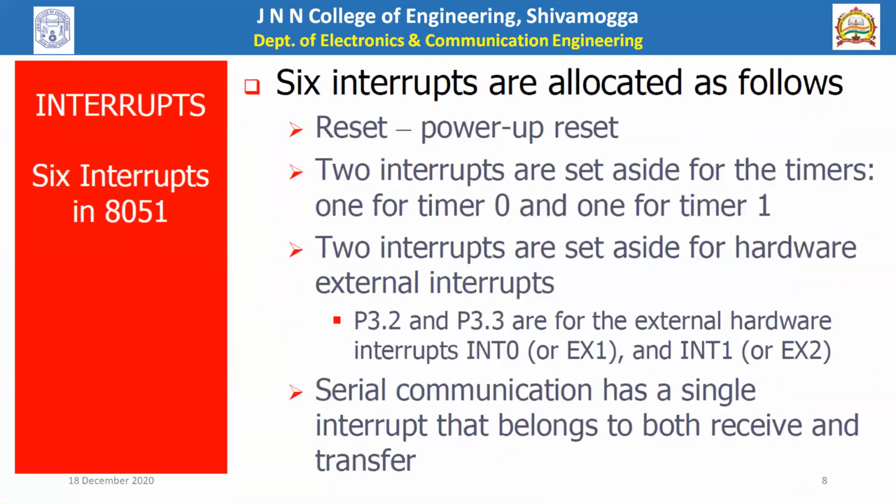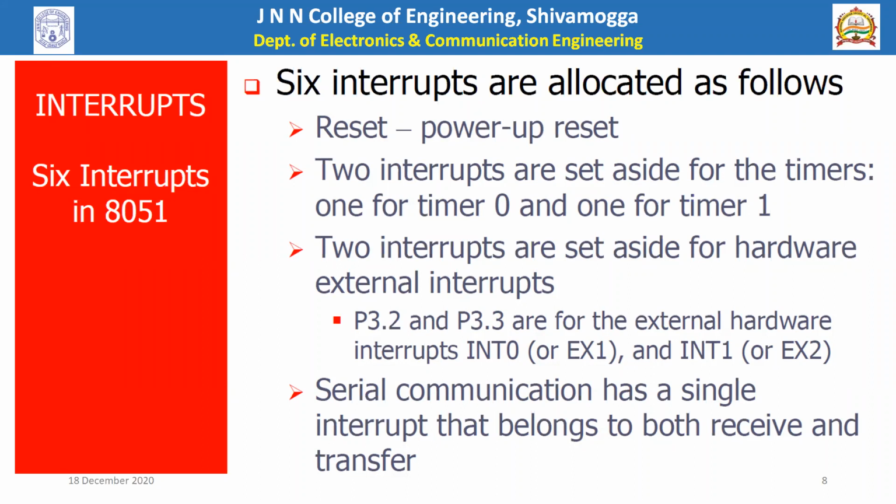Now, 6 interrupts are allocated as follows. Number 1 is reset, power-up reset. 2 interrupts are set aside for timers, timer 0 and timer 1. 2 interrupts are set aside for external interrupts, P3.2 and P3.3: one is INT0, another one is INT1.